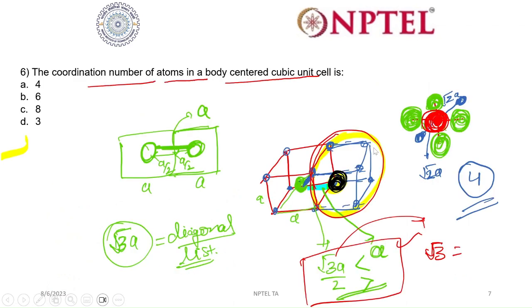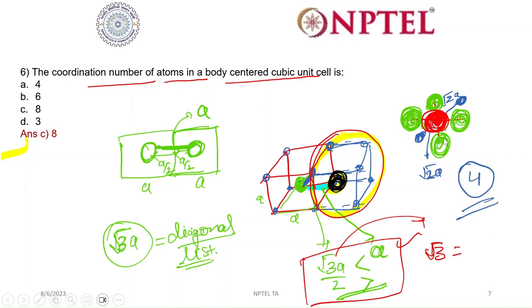The number of atoms in the body-centered cubic cell is 4, 6, 8, 3. The answer is H. Now you can see the nearest touching atoms are called the coordination number for this corresponding pattern. Here it is 4.